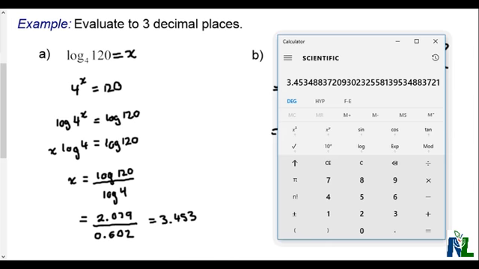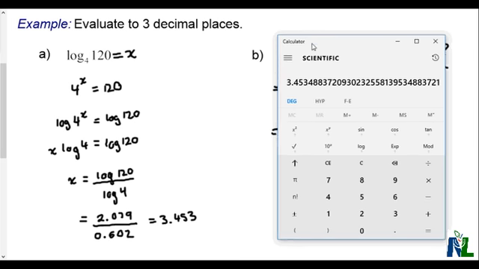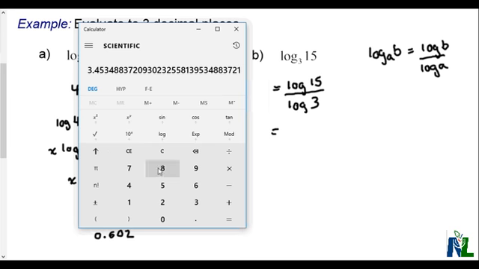So let's get my calculator again. I have the log of 15, to 3 decimal places, is 1.176.